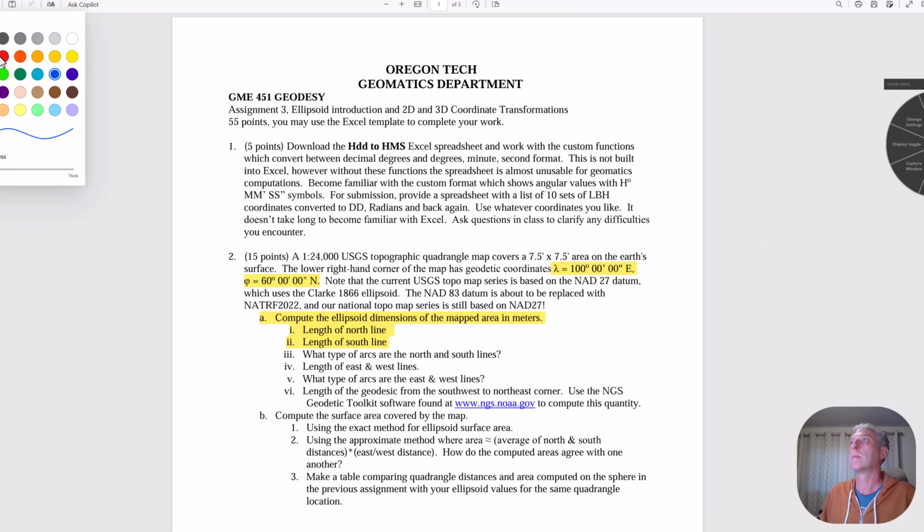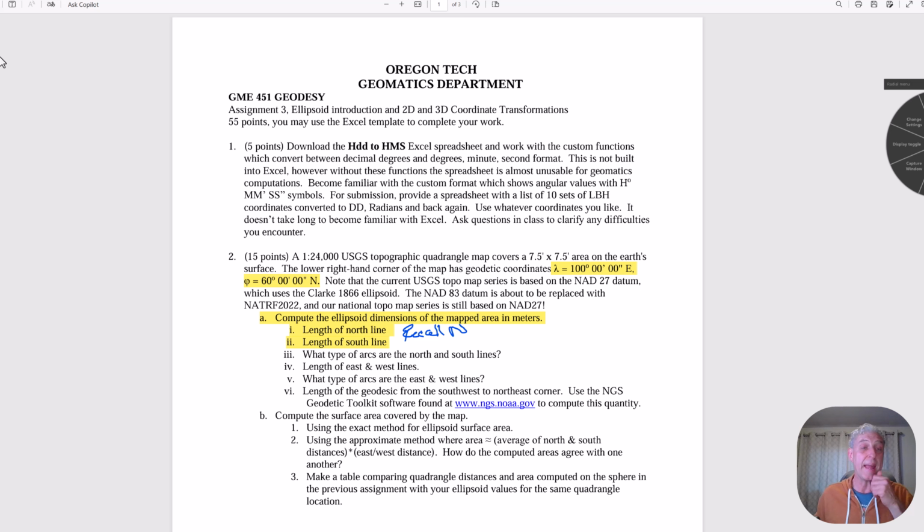So I'll just write out here, recall how that N value, and also recall that R_P is equal to N times the cosine of the latitude.